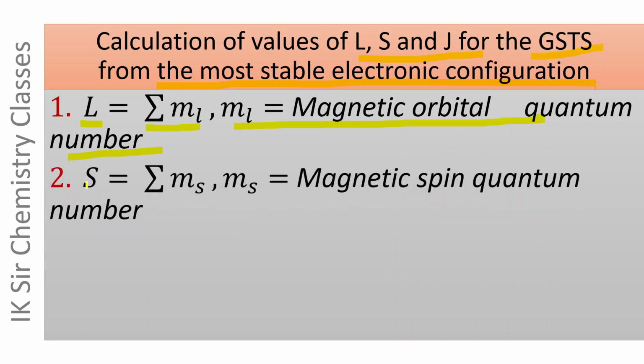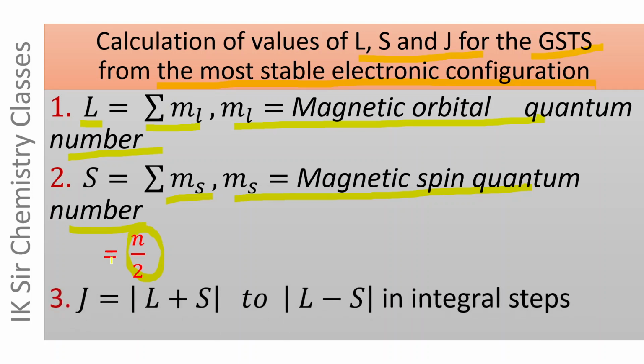Capital S is equal to the summation of m_s values of all the electrons, where m_s is the magnetic spin quantum number, and it is equal to n by 2, that is the number of unpaired electrons divided by 2. And J, the value of capital J, varies from L plus S to L minus S in integral steps.